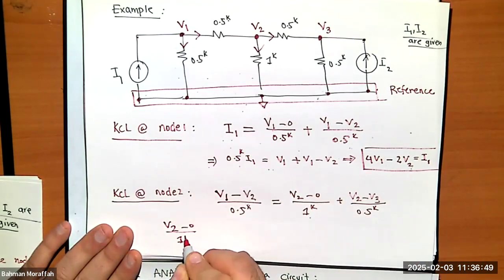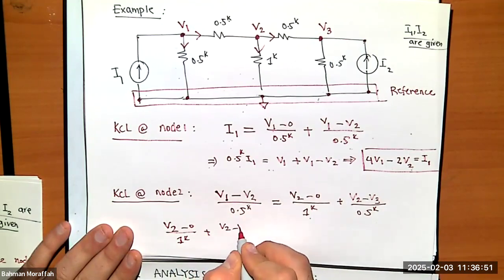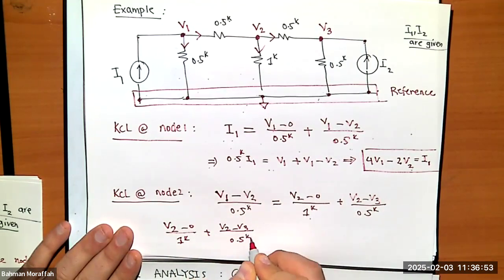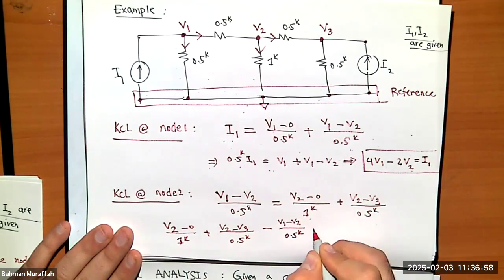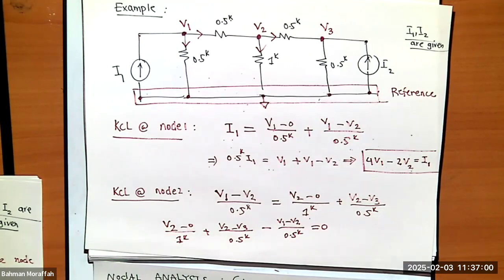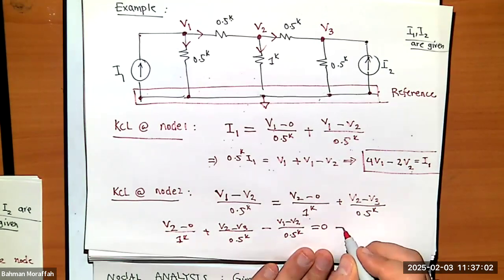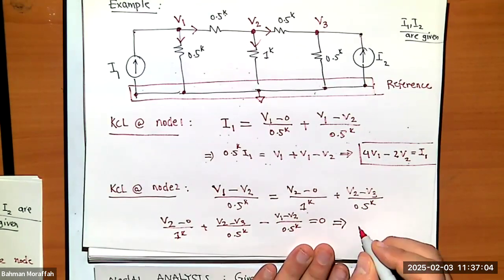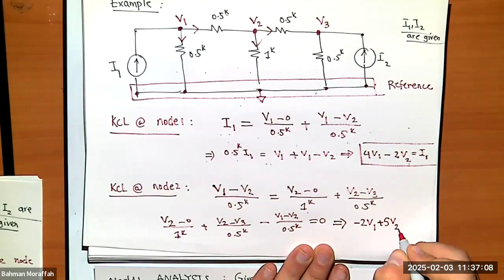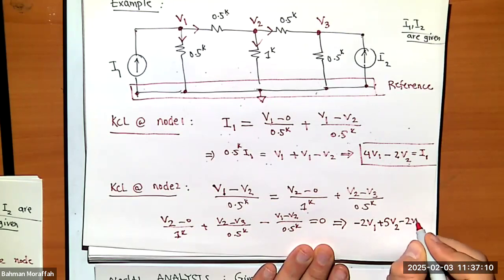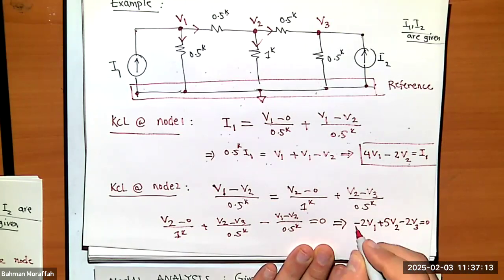Now I can take this term to the other side. (V2 minus 0)/1K plus (V2 minus V3)/0.5 minus (V1 minus V2)/0.5K, and that's 0. I can simplify it, and what I'm going to get is minus 2 times V1 plus 5 times V2 minus 2 times V3. That should be 0.